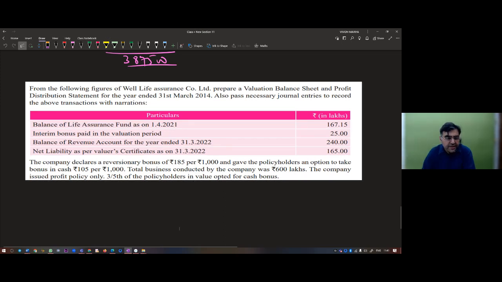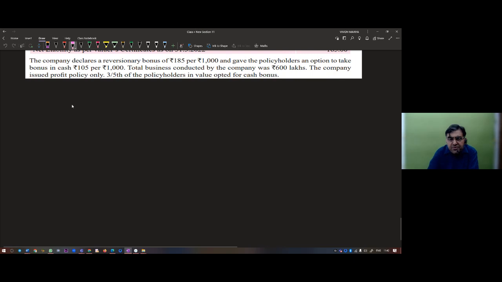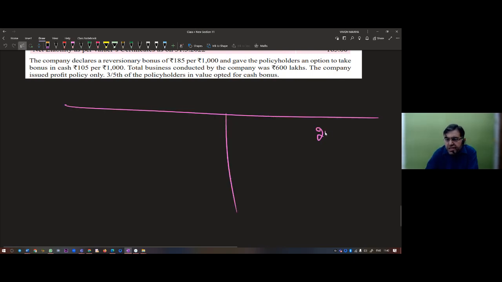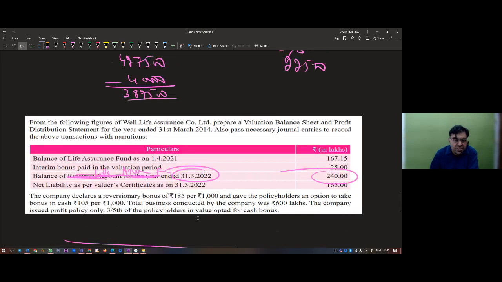Now, this is balance of life assurance fund. So the balance in life insurance fund is 240 lakhs.